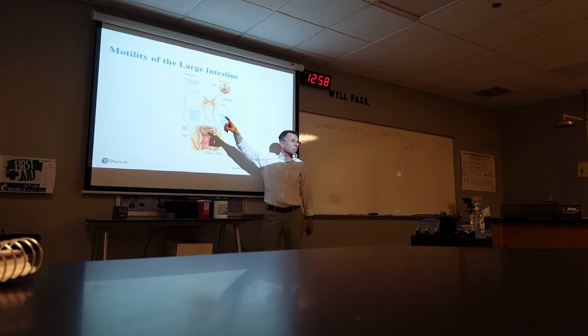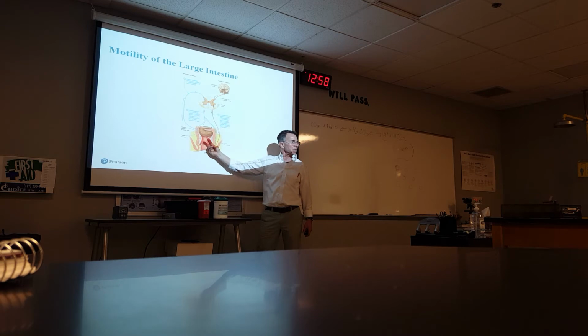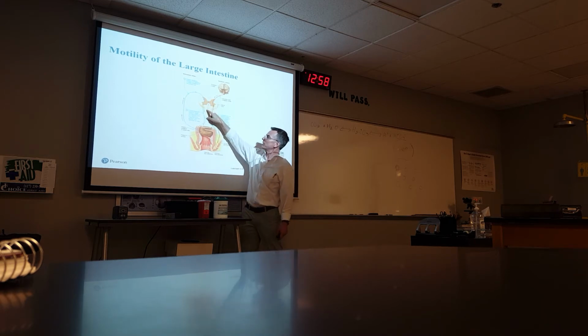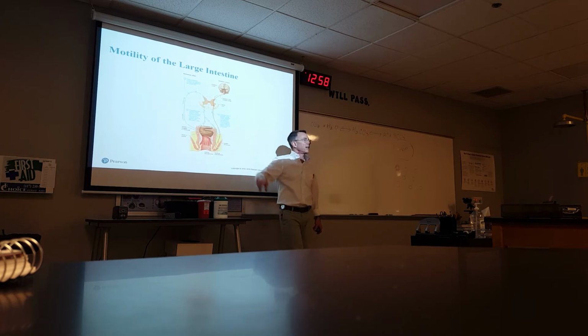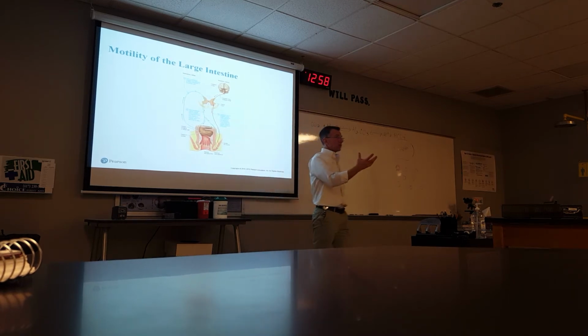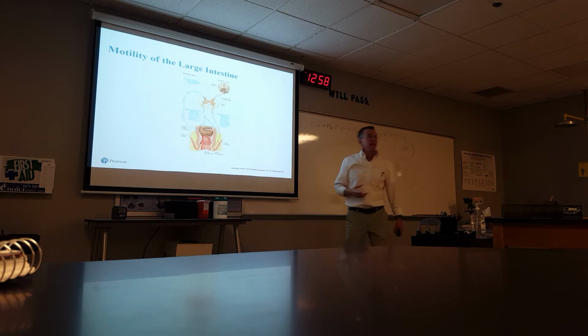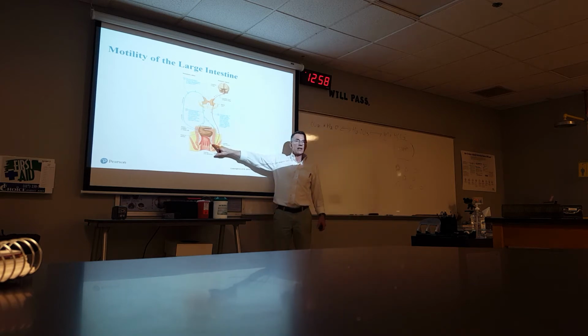So remember, you have two sphincters. The spinal cord sends a message back to relax your internal anal sphincter, that smooth muscle that you don't have any control of. It loosens it up. So now how many sphincters do you have holding the feces back? One.